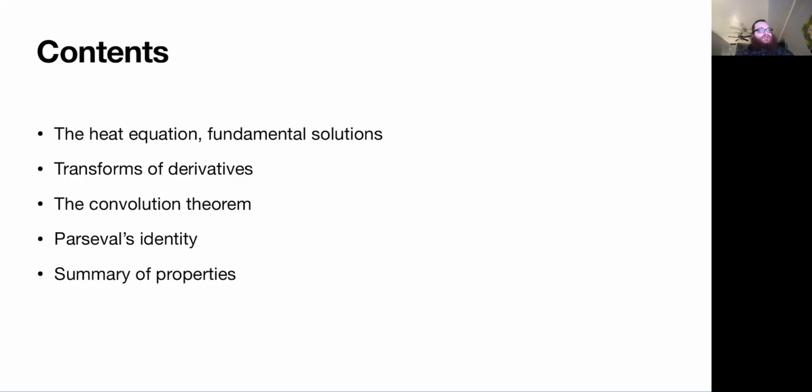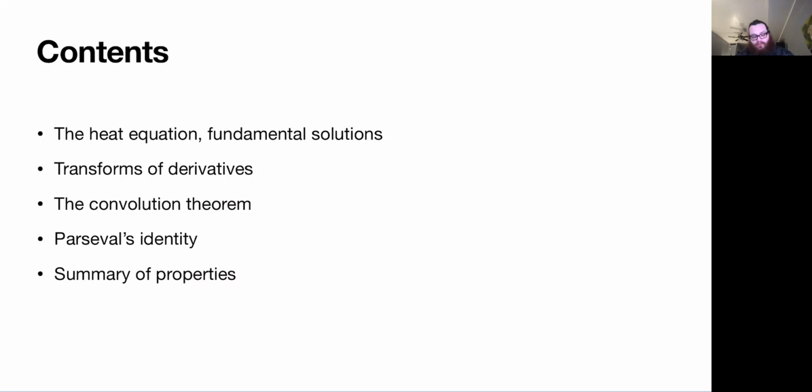And so there we'll solve the heat equation once again in a slightly different way and see that the solutions match up. After which we'll talk about the convolution theorem, which lets you compute the inverse Fourier transform of a product of functions in a really nice and elegant-ish way.